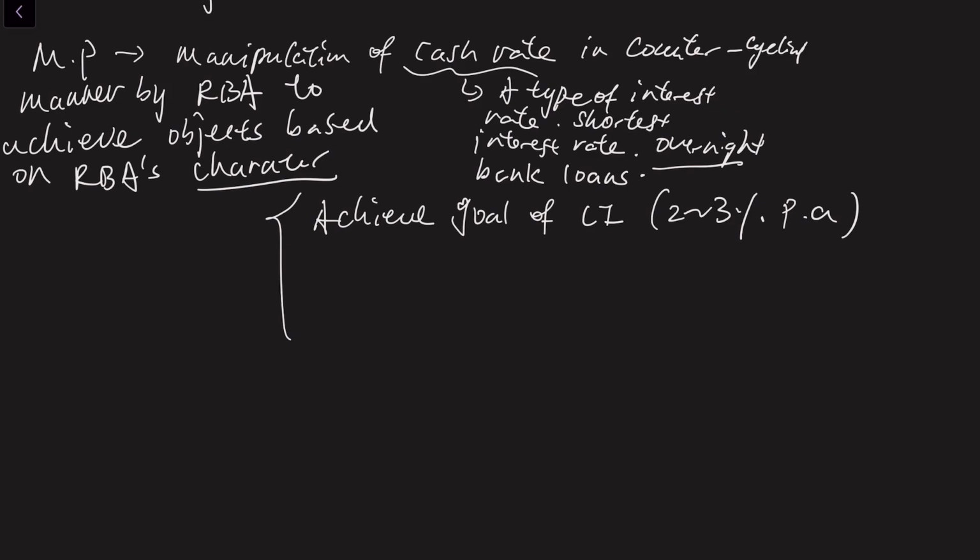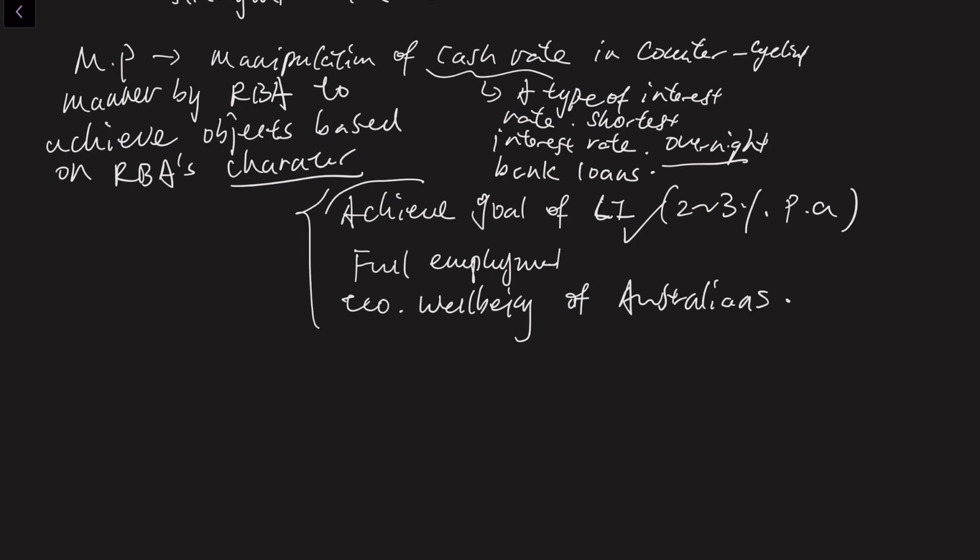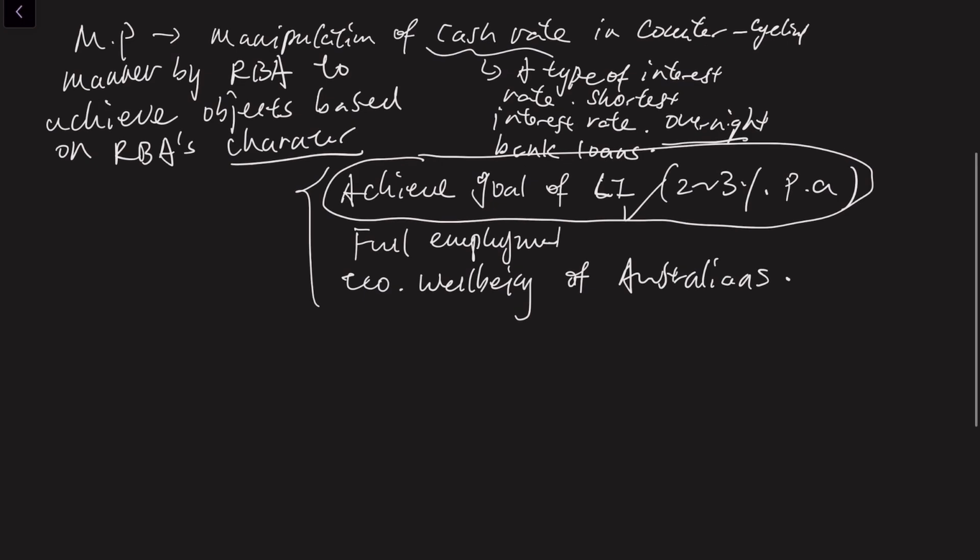This is one of the main responsibilities of the RBA. If inflation is under control, the RBA is allowed to focus on other objectives such as the goal of full employment and the economic well-being of Australians. But the overarching goal is the goal of low inflation. That's what the RBA or any central bank should focus on.